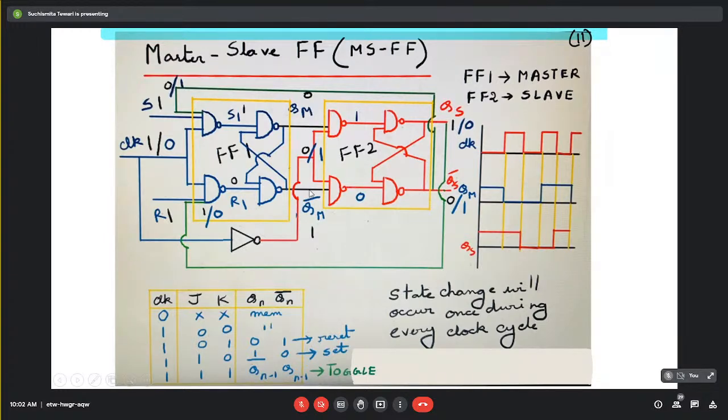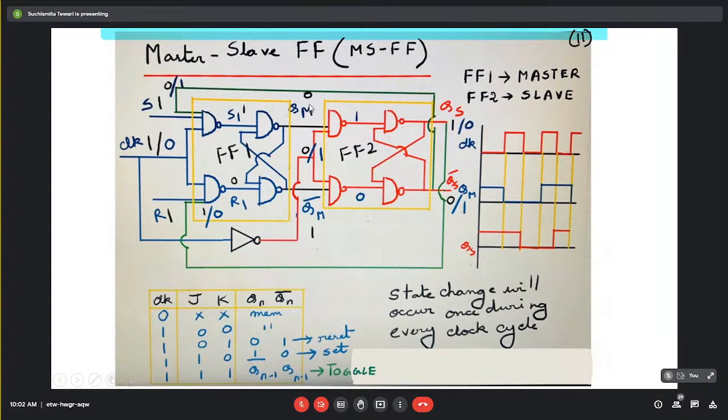Although the inputs are changed, we need to allow it by enabling it, by putting a signal 1 over here. Until we do that, no change in output will happen. Fine. Now, from 1 this goes down to 0. When from 1 this goes down to 0, this is changing its state from 0 to 1. So now it is enabling this entire flip-flop.